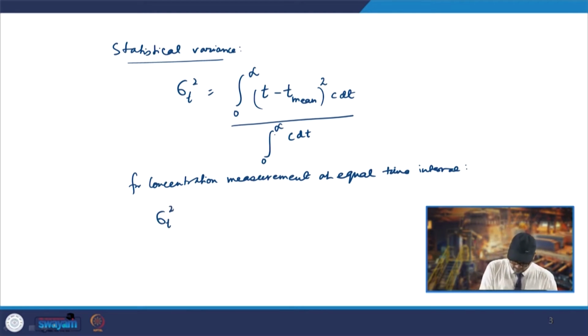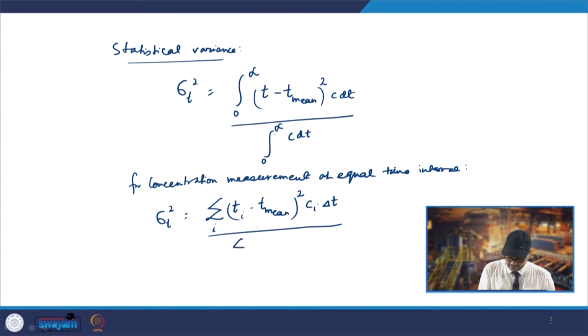Sigma t square will be the summation over i of (Ti minus T mean) squared Ci delta t, divided by the summation over i of Ci delta t.